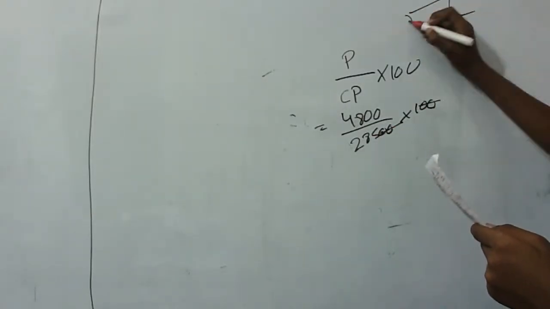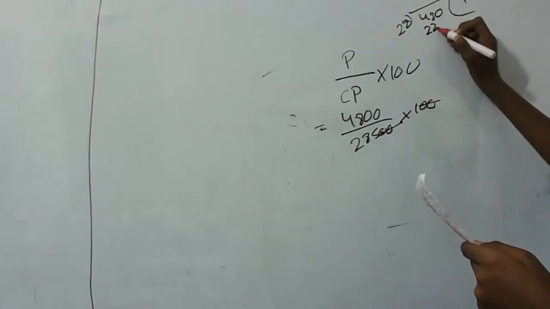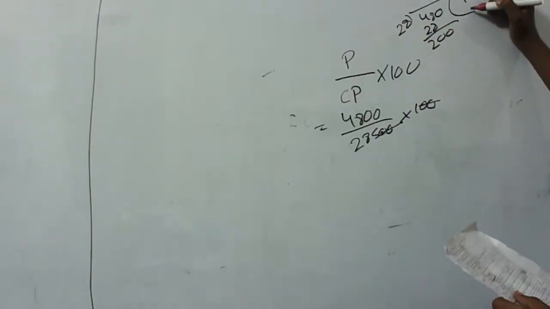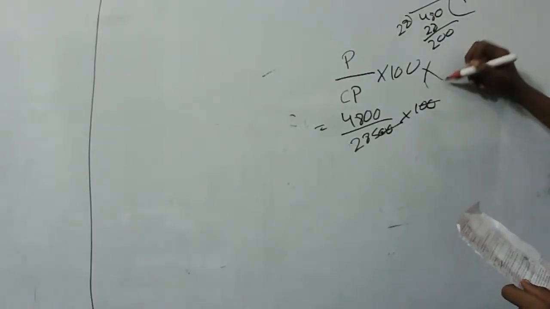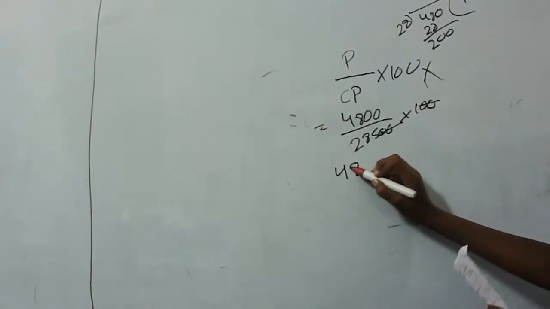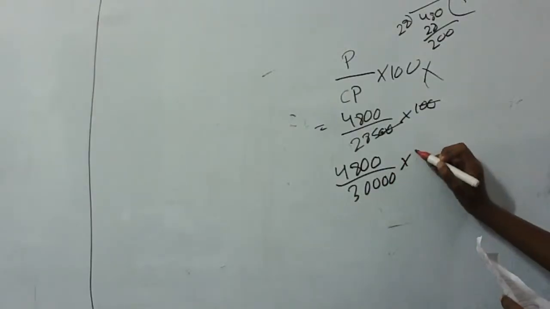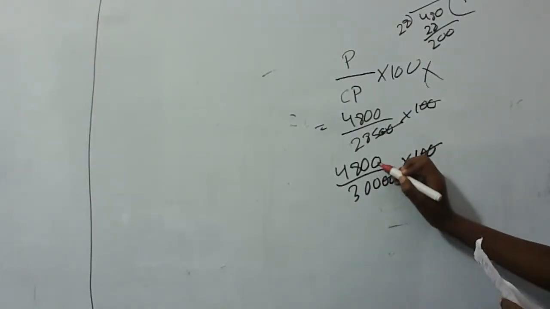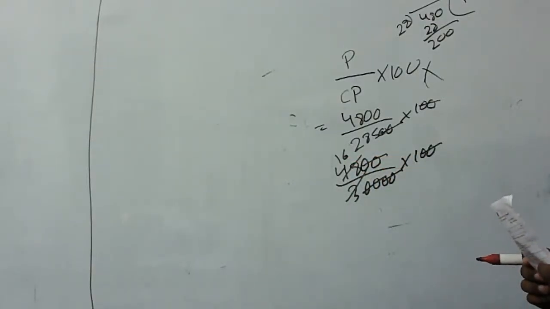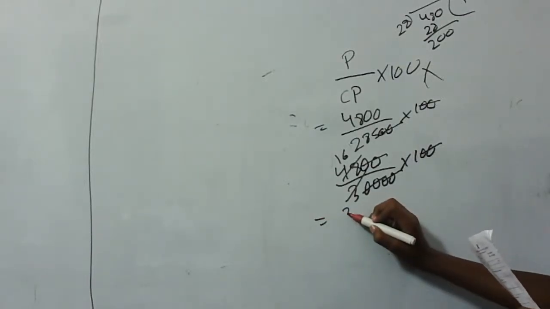Let's divide 28 with 480. It is not round. Let's check with another. 4800 by 30,000 into 100. It will cut in 15, and the profit is also given 16%. So the correct answer is 30,000.